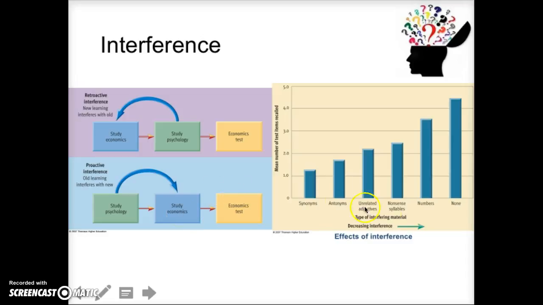The effects of interference are most pronounced the more similar the two materials are. In this example, psychology and economics have a little bit to do with each other, so there'd be some interference. But if these were sociology and psychology, which are much more closely related fields, there would be more interference.